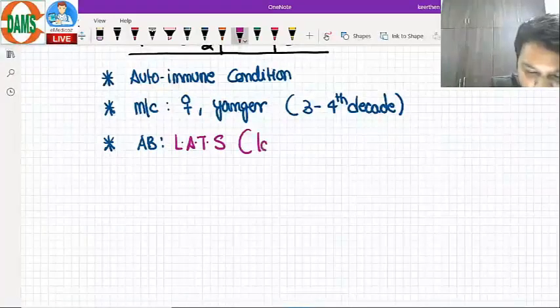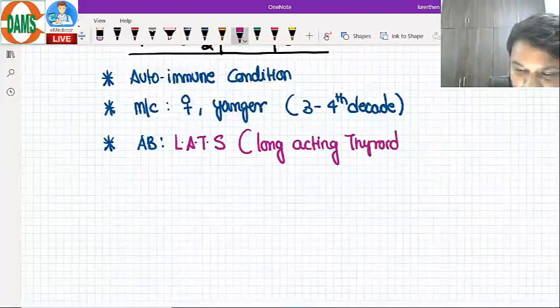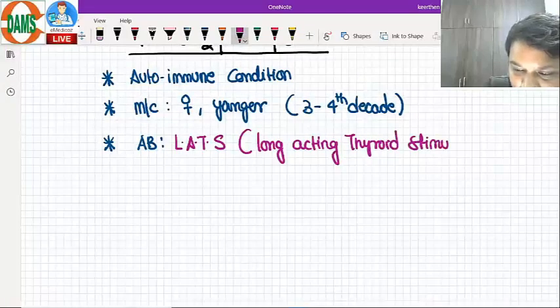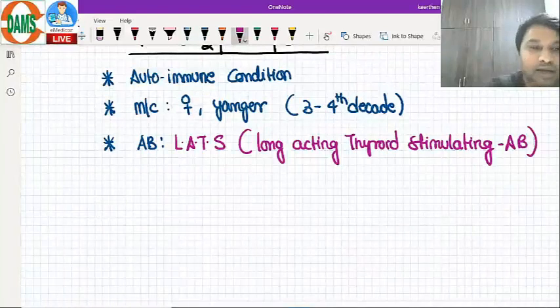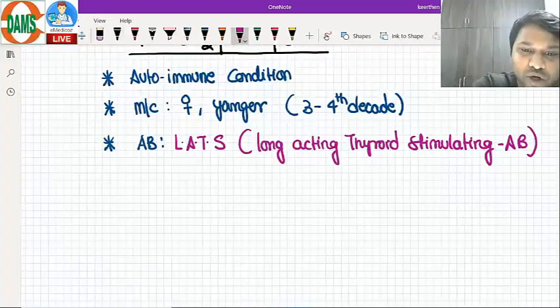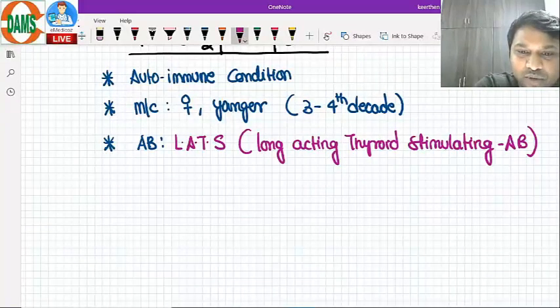LATs stands for long-acting thyroid stimulating antibody.